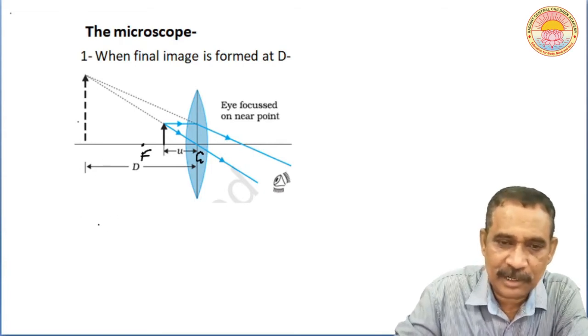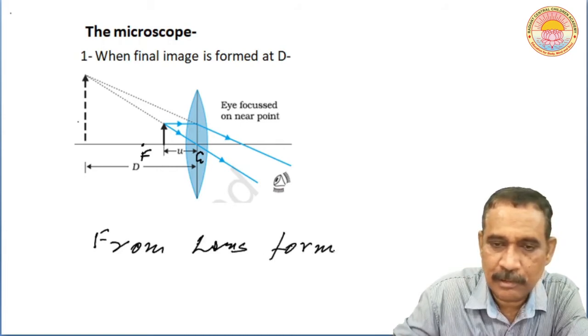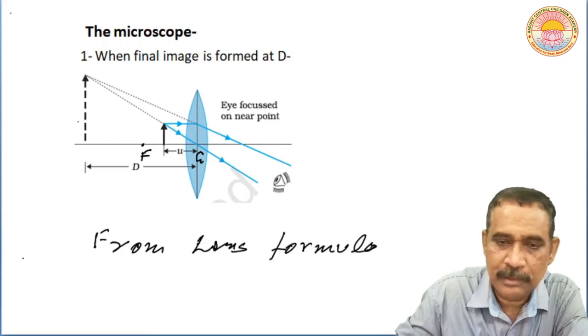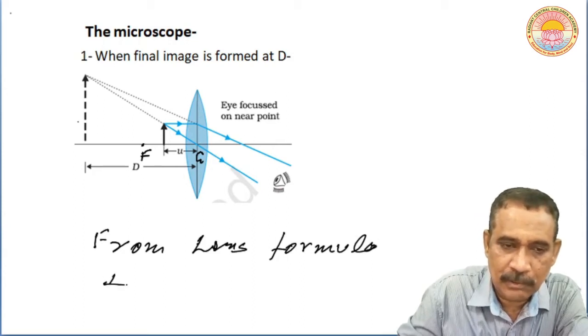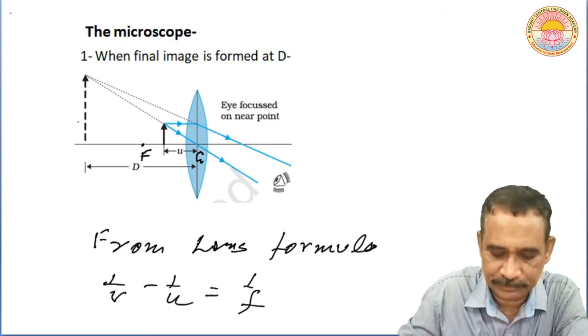From the lens formula, 1 by V minus 1 by U equals 1 by F. So multiply by V on both sides.